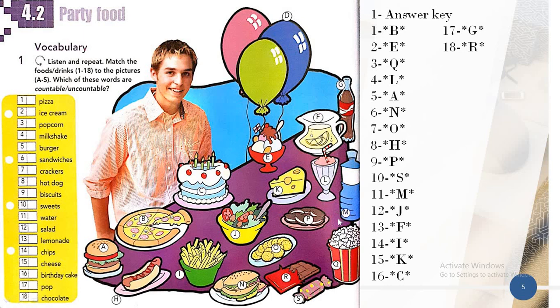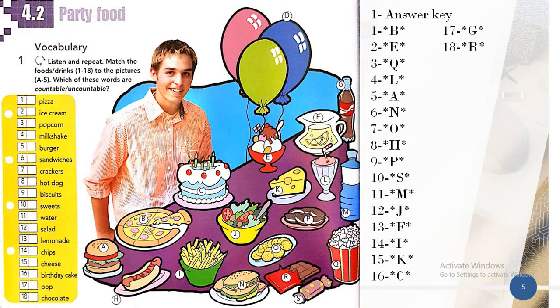Number 3, popcorn, picture Q. Milkshake, picture L. Make sure you match the pictures with the words, numbers with letters. Number 5, burger is picture A. Sandwiches is picture, tell me please. Good, N.